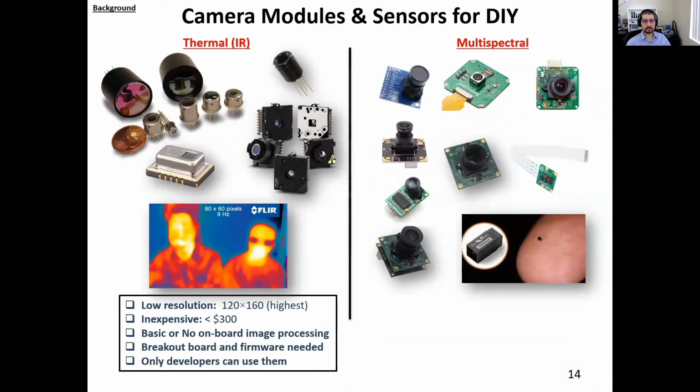They're relatively inexpensive. You can buy them for less than $300, but they don't come with any form of onboard image processing. Or if they do, it is very, very basic. And to use them, you need a breakout board, and you also need to develop your own firmware. And apparently, only hardware developers, software developers, can use this type of camera modules and sensors.